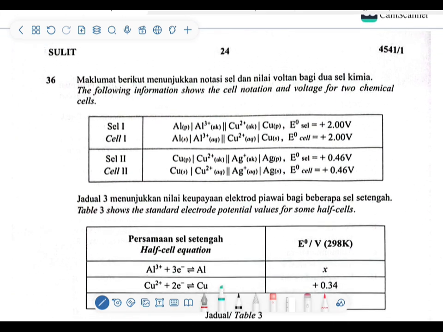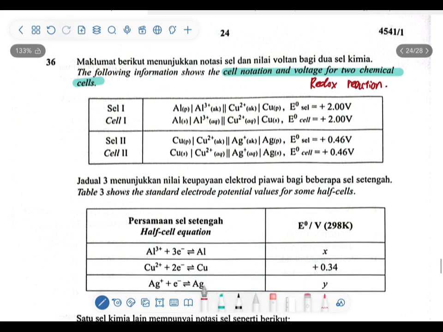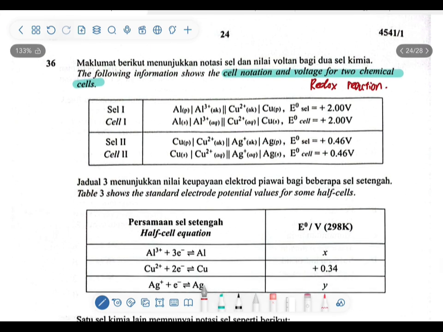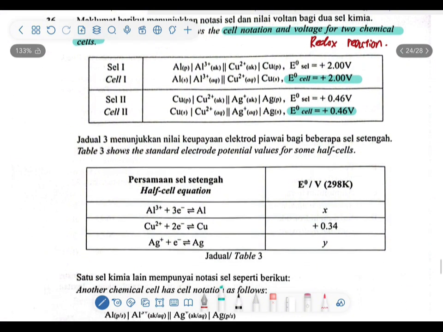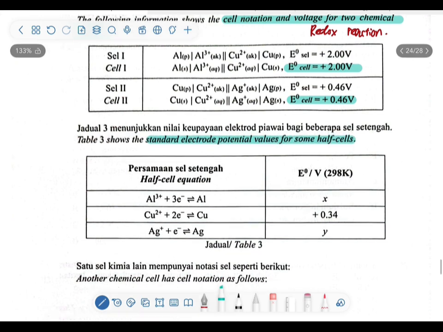So this is the question related to the information that shows the cell notation and voltage of two chemical cells. So this is actually related to the redox reaction of standard electrode potential. So we are provided with cell 1 and cell 2, and this value is the E° cell value. Table 3 shows the standard electrode potential values for some of the half cells.